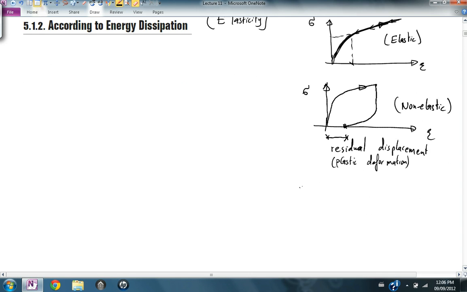For example, you get a bar. This is the undeformed length of the bar. The force here is 0, starting at this point. Then the force is increased.